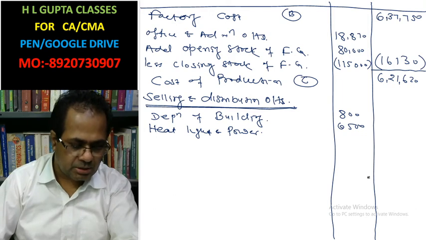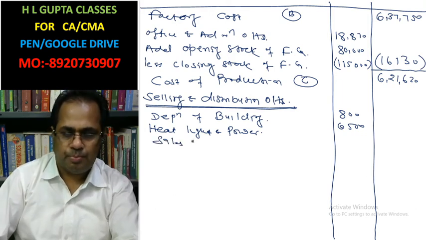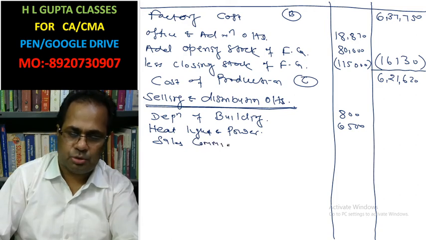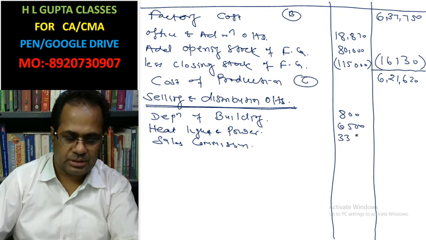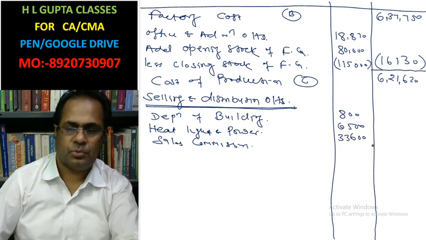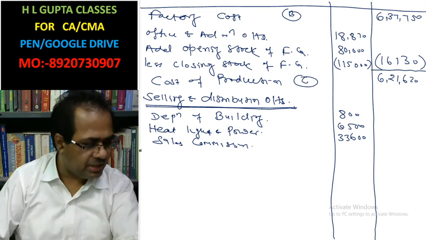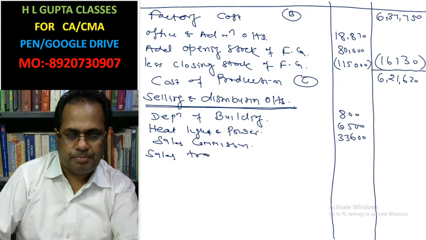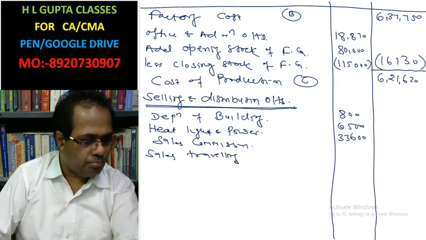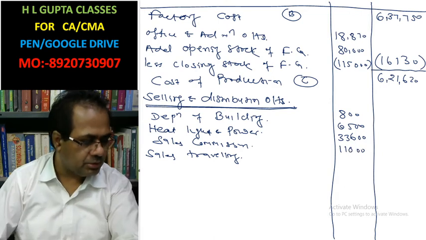Sales commission, this is given in the question, 33,600. Sales traveling 11,000.